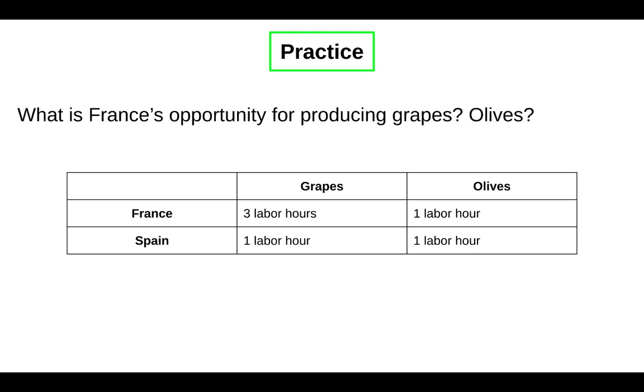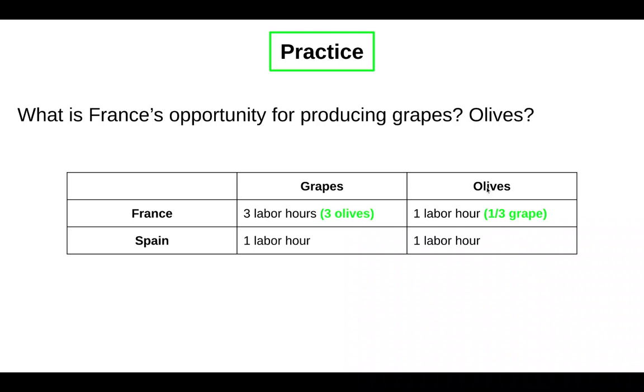So the correct answers are, for France, 3 olives and a third of a grape. How do we know? Well, if this is my current box, then it's 3 divided by my other box, 1. 3 divided by 1 is 3. What do I give up to produce grapes? Olives, 3 olives. And then the reverse. 1 divided by 3 is a third.